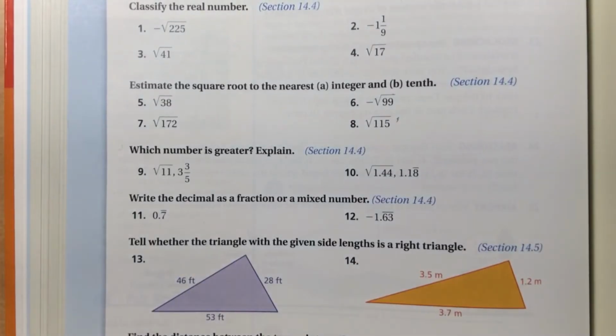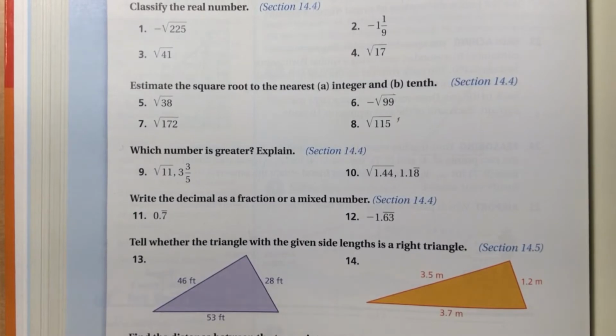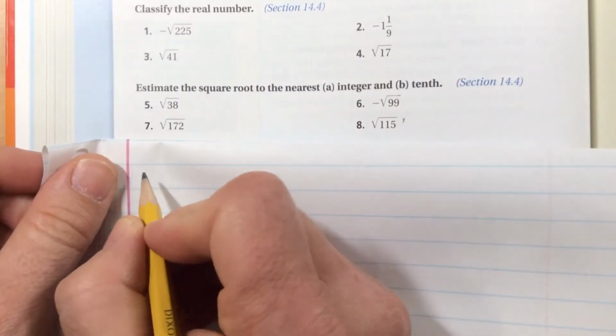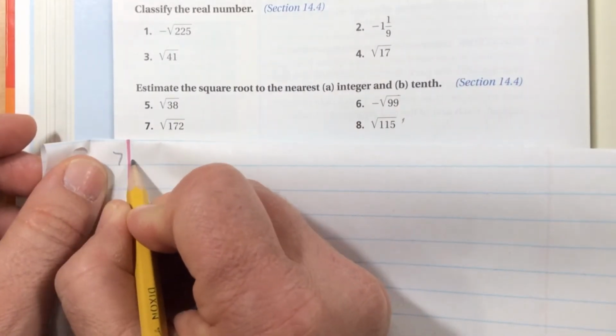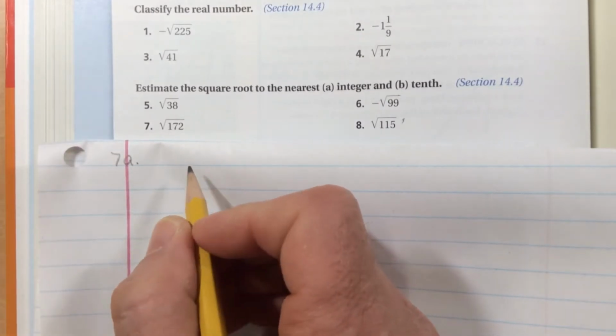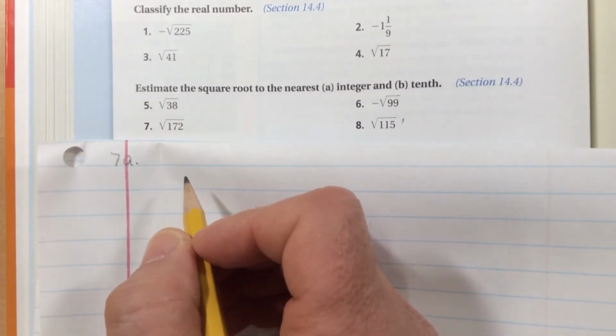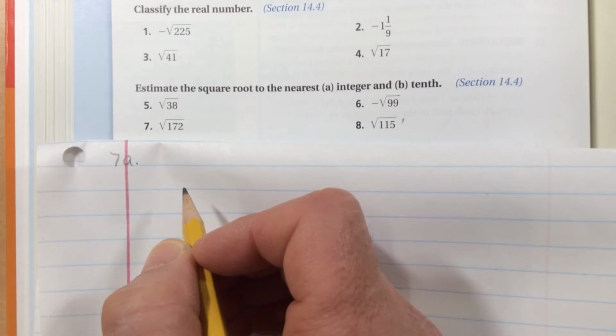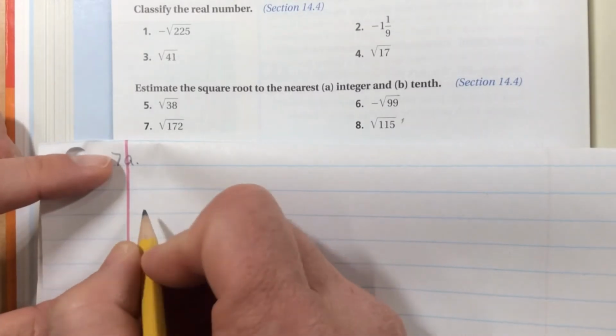For number 7, same kind of problem. Trucking along. So for number 7a, the square root of 172. Well, 13 squared is 169.